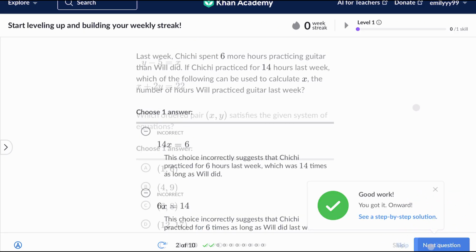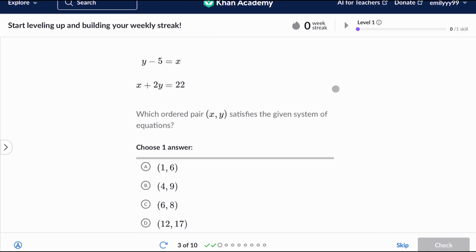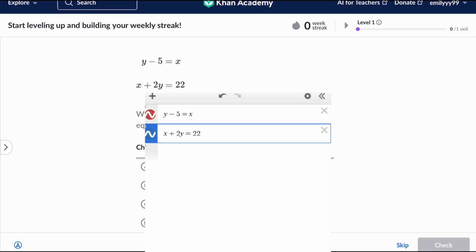Good work. Which ordered pair satisfies the given system of equations? So this is easy. Since you should be taking the digital SAT, all we have to do is plug it into the calculator. Make sure you're using the graphing calculator, of course. So y minus 5 equals x, and then x plus 2y is equal to 22.